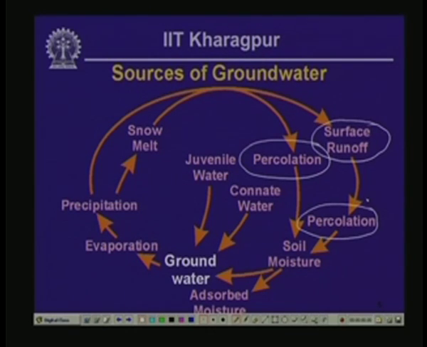And there is another source of groundwater which is called connate water, and this particular water gets trapped within the sediment, within non-interconnected voids in fact, and this water can remain trapped even after the sediment lithifies and sedimentary rock forms out of that process.